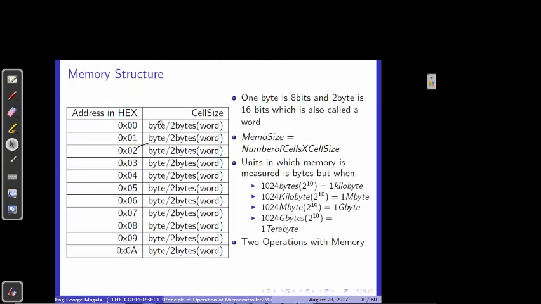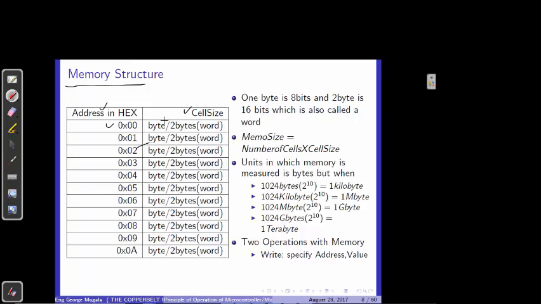Now, let's look at the memory structure for a short while. Just like I was explaining, the memory is divided into cells. You can see this is the cell size, and then we also have the address. This is the section for the address, and what you see here is the hexadecimal equivalent of the particular cell location.